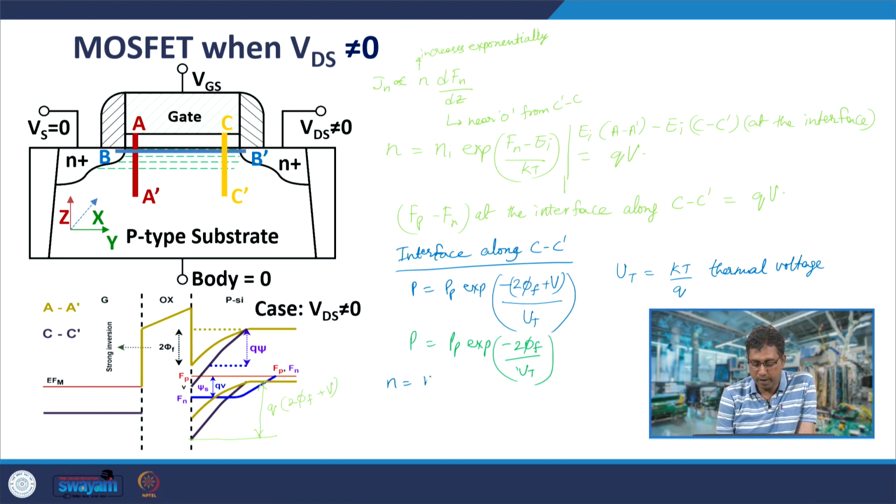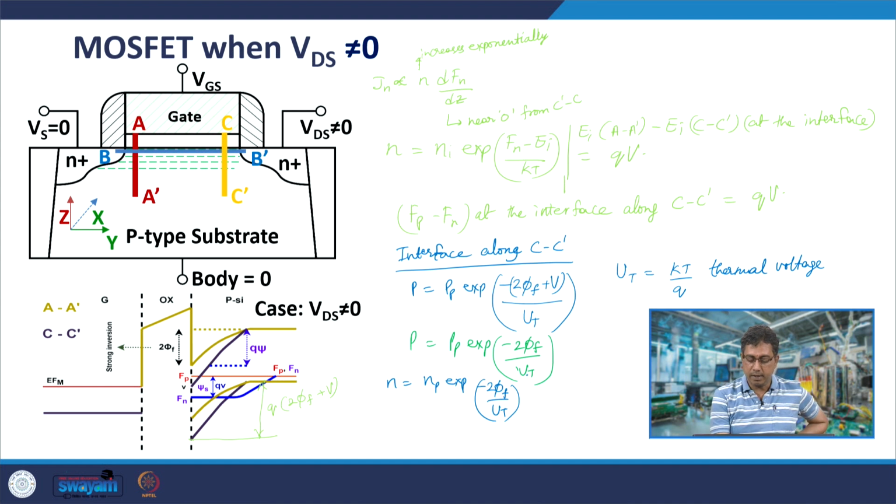So, that would be... this Np is the electron concentration in the body. So, that is in the neutral body. This has not changed. Why? Because the quasi-Fermi level has also moved down by a value QV.